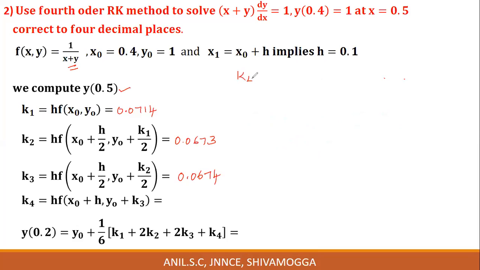K4 is given by h into, that is 0.1 into f of x naught plus h. x naught is 0.4 plus h is 0.1, comma y naught is 1 plus K3. K3 is 0.0674.